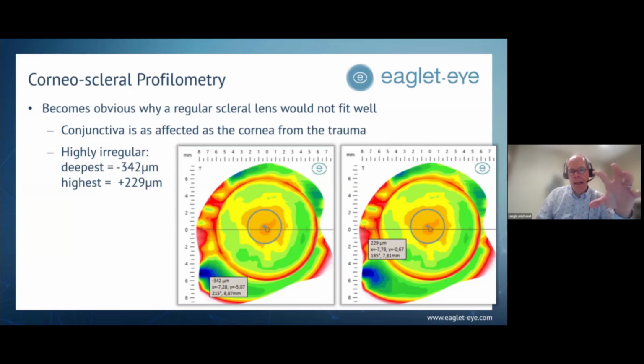Because if you look at the left portion, the temporal portion of that conjunctiva, you see an alignment of red lines. This is not an artifact. This is really the mountains and valleys of the conjunctiva healing after the trauma received on that eye. And just beside this more elevated portion of 229 microns, we have a sunken conjunctiva of 342 microns in depth. So we have a difference of 600 microns side by side.